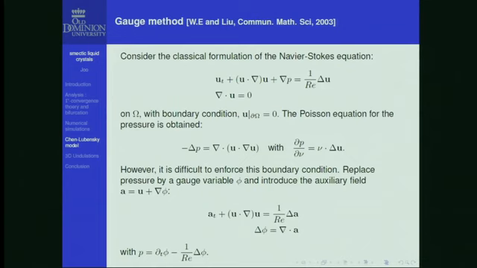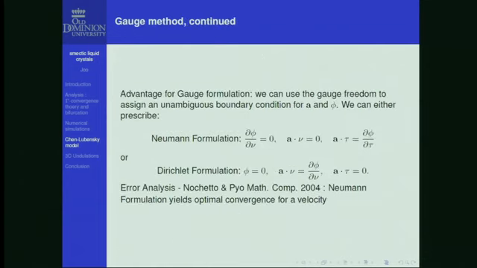What's nice about this method is that we can freely choose the boundary conditions for phi, the gauge variable. We can choose either the Neumann boundary condition or the Dirichlet boundary condition, but it turns out that the Neumann boundary condition is more stable and efficient. So we used the Neumann boundary condition for the gauge variable.